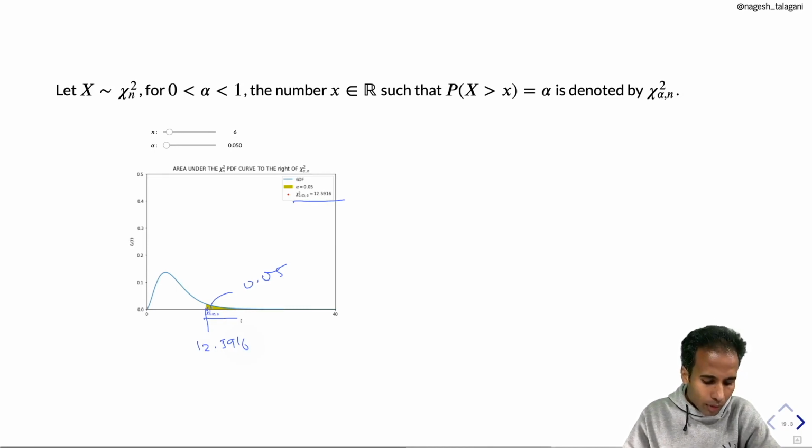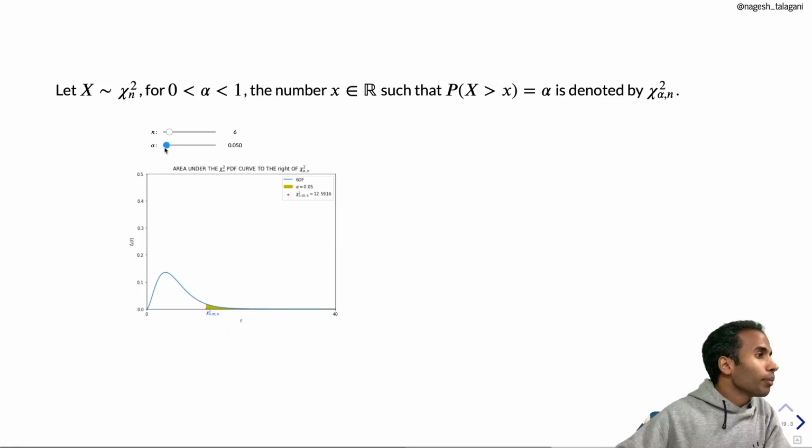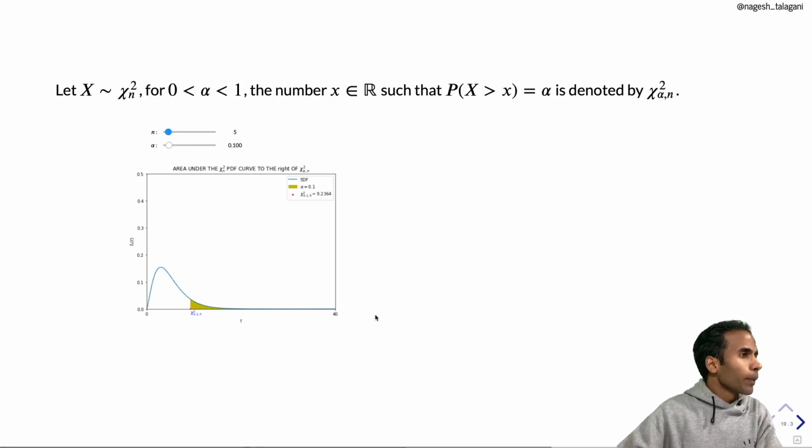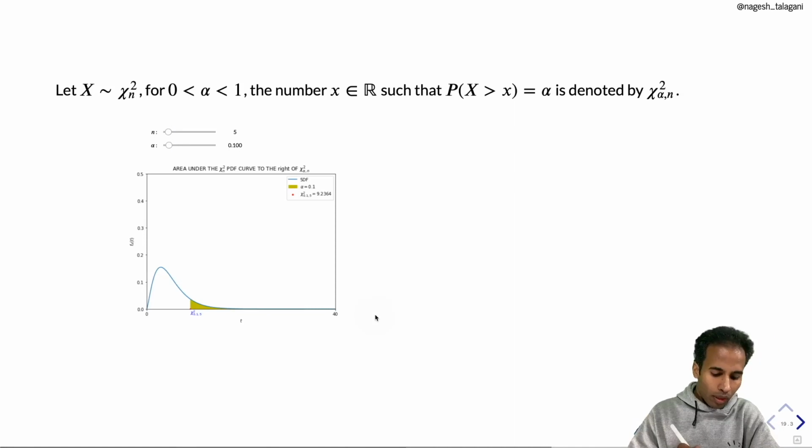Okay, so let me change the alpha value to 0.1. Let me take n equal to 5. Here, this yellow shaded region area is 0.1.